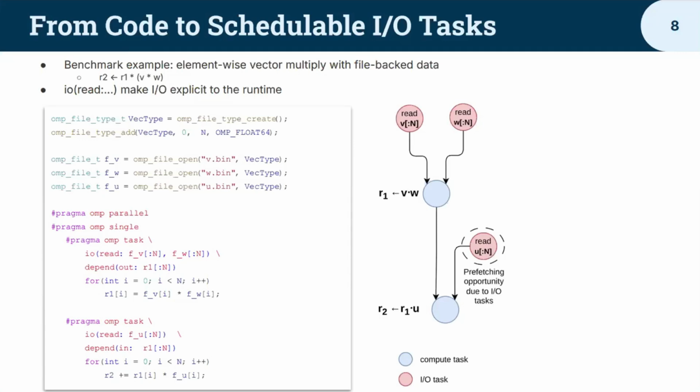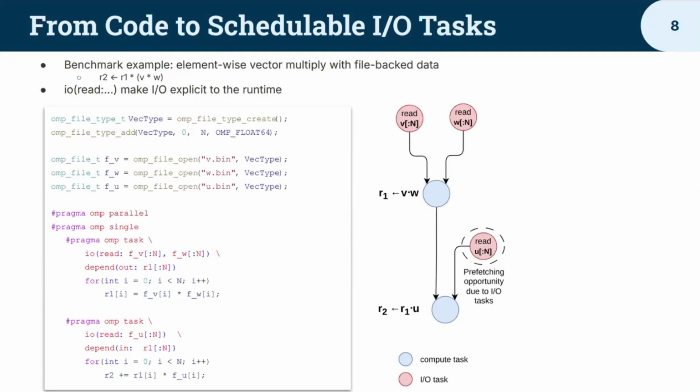So this is our task dependency graph. We are opening two files that are marked in red, multiplying element-wise, and then opening a third file and multiplying them element-wise. Here we see that there is this prefetching opportunity that appears because this read operation has no incoming dependencies, so it can run as soon as it is discovered. But there's one additional thing here.